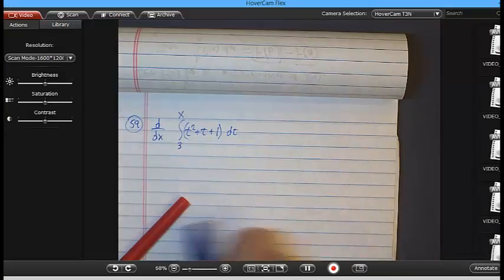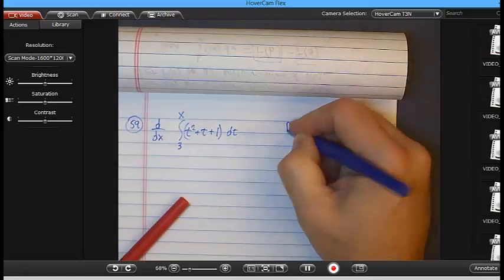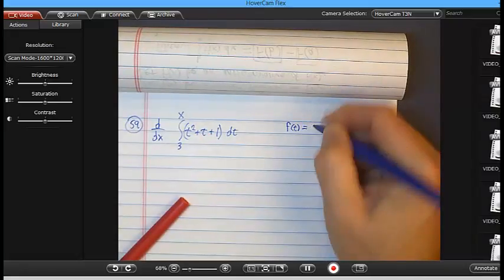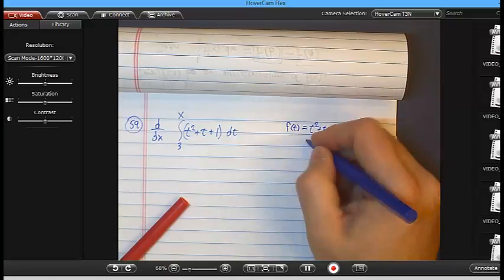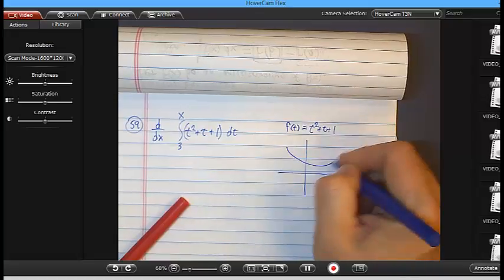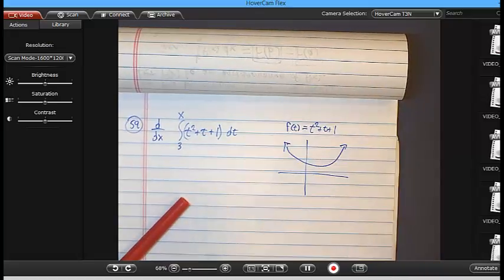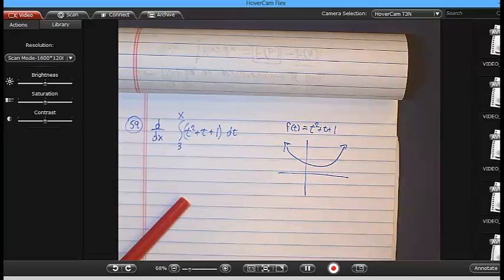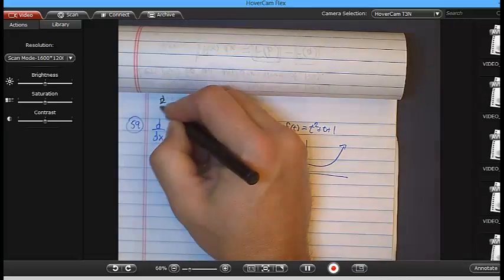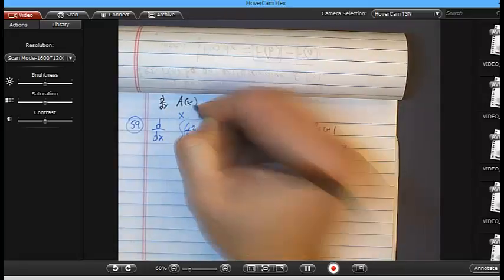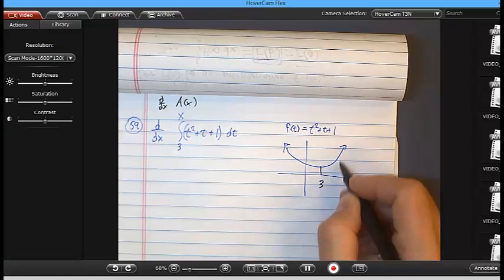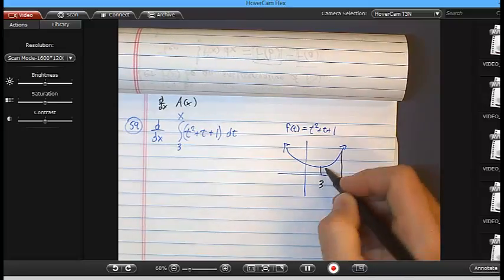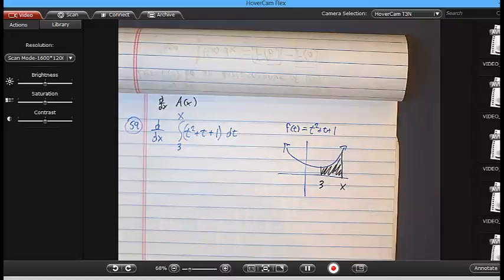Okay, so in this problem, f of t is t squared plus t plus 1. And I understand now from my graphing calculator that's a parabola of sorts. Now, the area function that I'm finding the derivative of is the function that measures area from 3 to x. Are you with me?